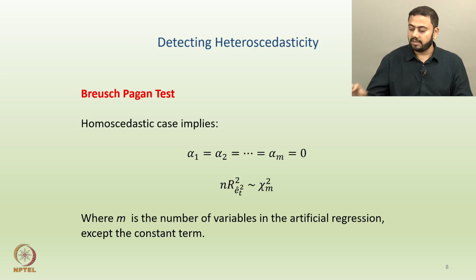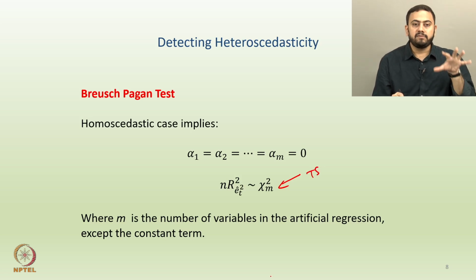Under Breusch-Pagan you have a similar story: this is the test statistic, where again m is the number of variables in the artificial regression except the constant term, and the same conclusion can be drawn. If the p-value happens to be less than alpha, then you reject the null, or otherwise you fail to reject the null.